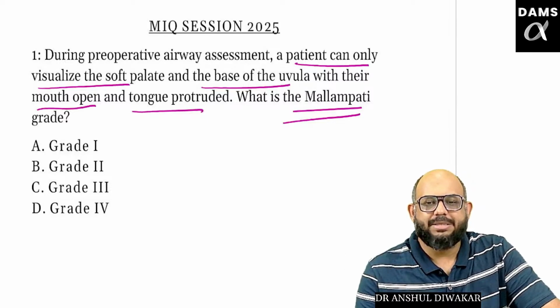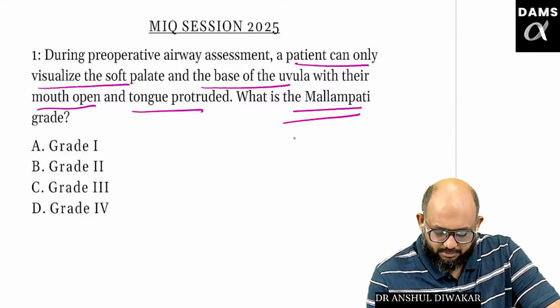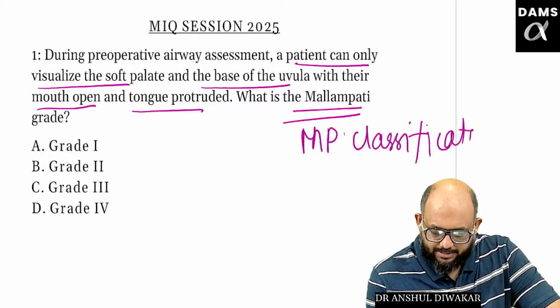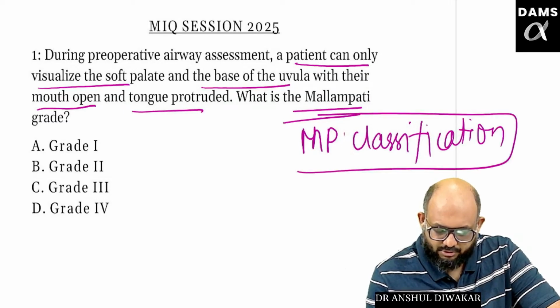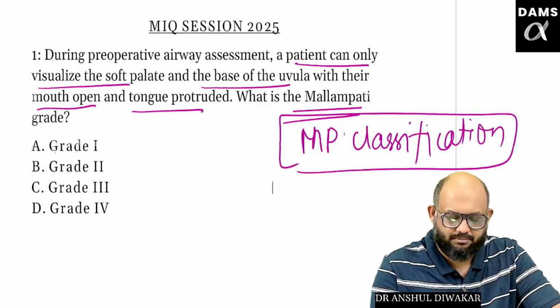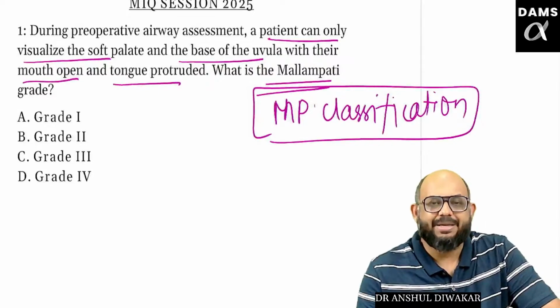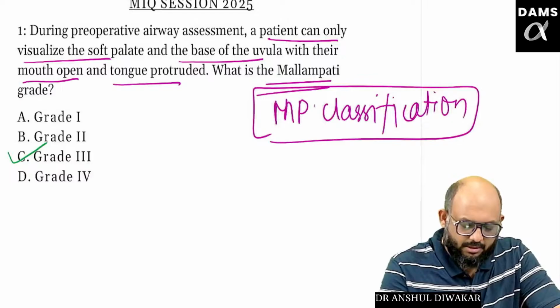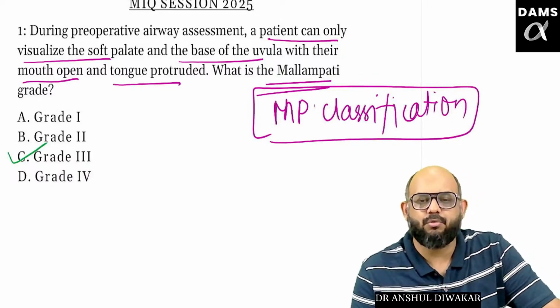So this is the Mallampati classification. And can anybody tell me what are the structures that I visualize in Mallampati? So I get it that most of you are saying that the answer is C, but it is not just important to know what is the correct answer.